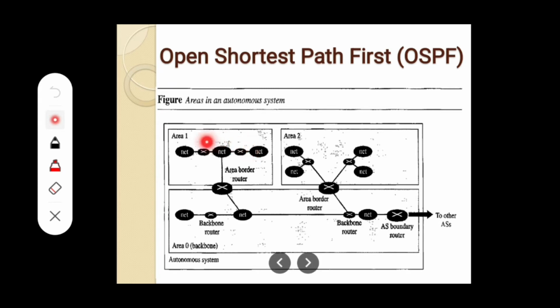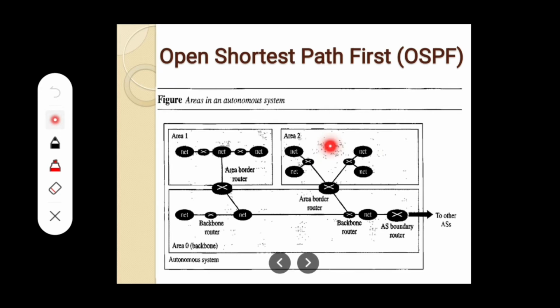It summarizes the information about this area 1, and this router summarizes the details about this area 2, and sends it to other areas.